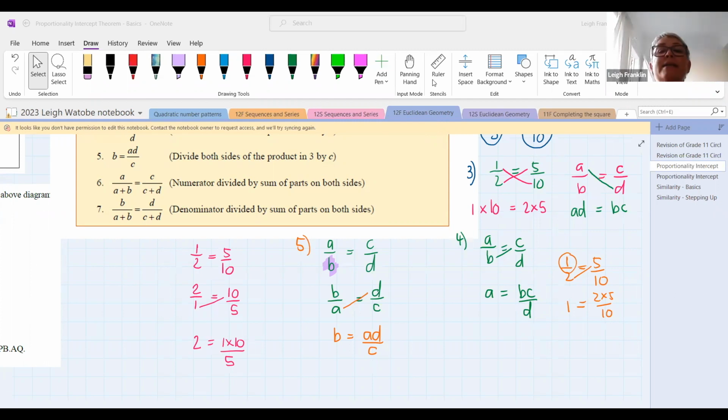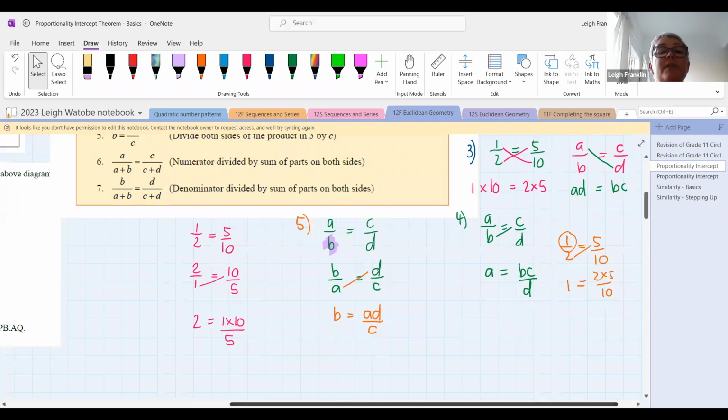But according to the ATP set down by the government, we are following that. So there are a lot of schools that would have done sequences and series, and then the next thing they would do would be inverses and functions, and then they move on to this. So we are just working according to the government ATP in the hope that most students would be following the ATP as well. Okay, so if you don't do this now, you are eventually going to do it at some stage at school.